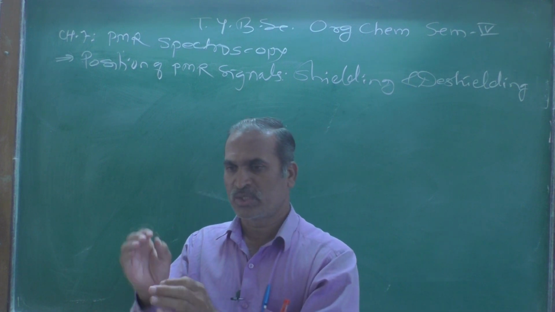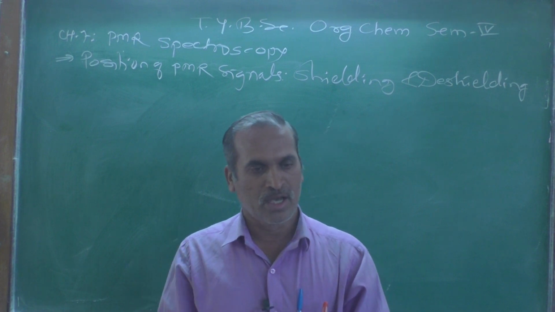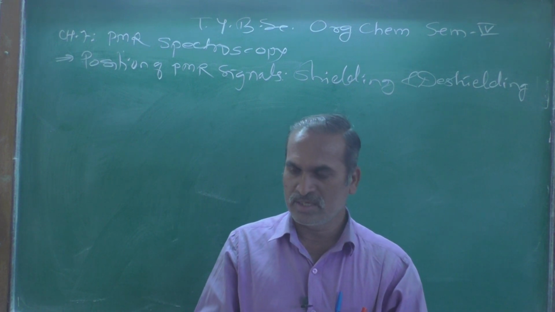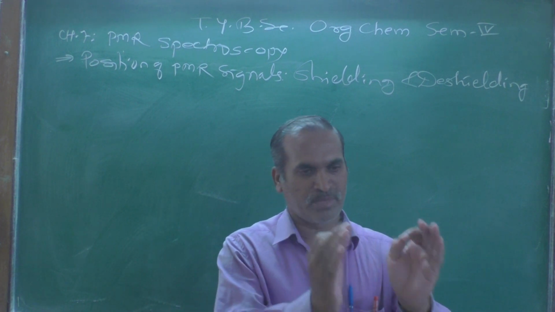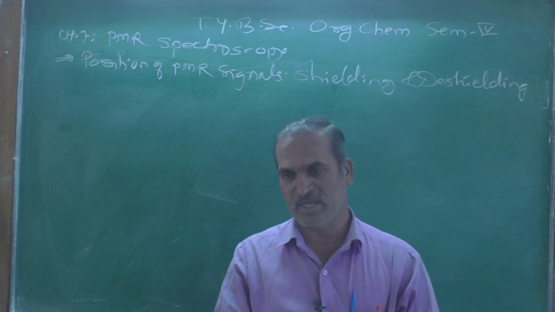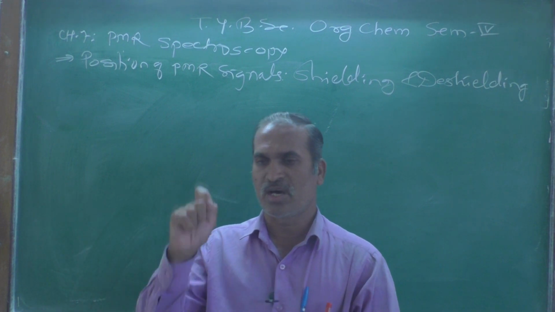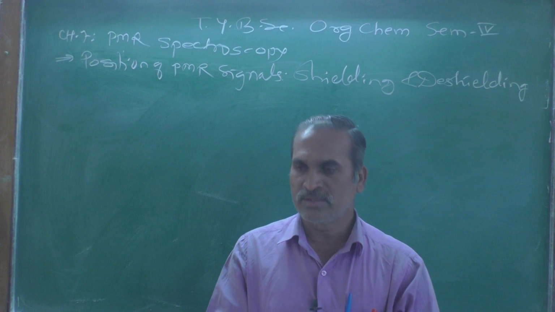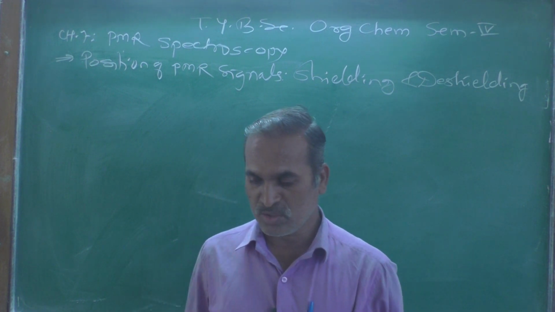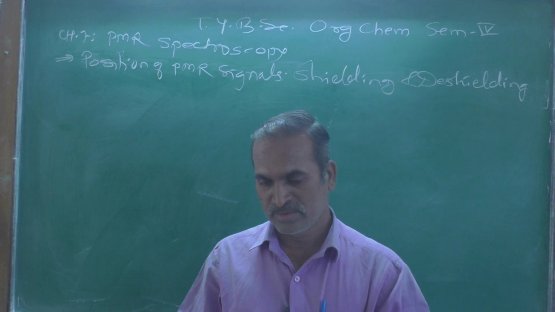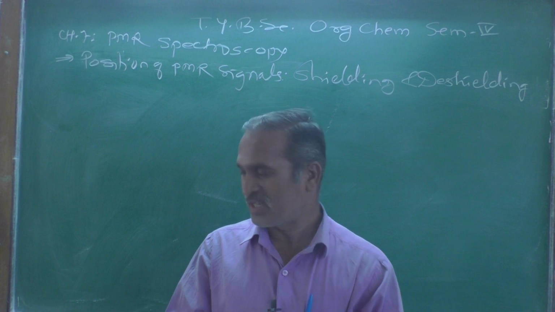Find out the number of types of proton, or number of sets of proton, or number of kinds of proton, which is nothing but the same. And whatever the number of sets of protons present, it will produce that number of PMR or NMR signals. And by using that formula, we have discussed so many examples.